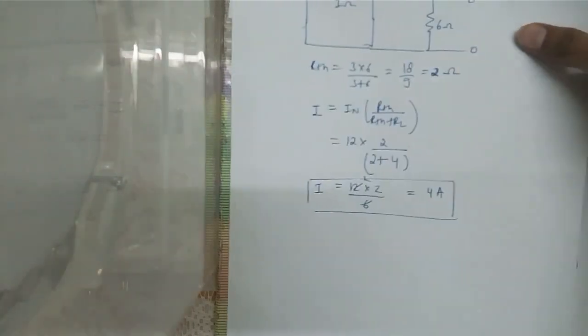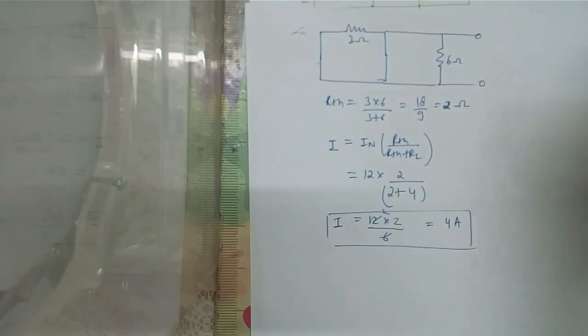After which, on further simplifying this formula to determine RTH, we calculated RTH as 2 ohms, and finally putting the values of IN, RTH and RL in the formula, we get a value of 4 amperes for this current. So this is how we solve a basic question using Norton's theorem.